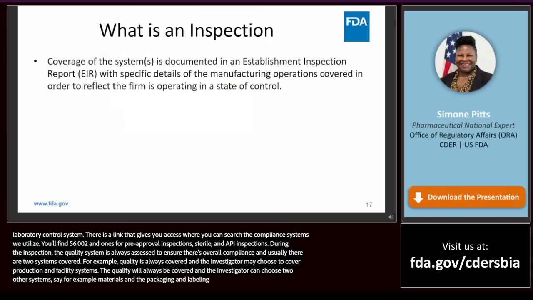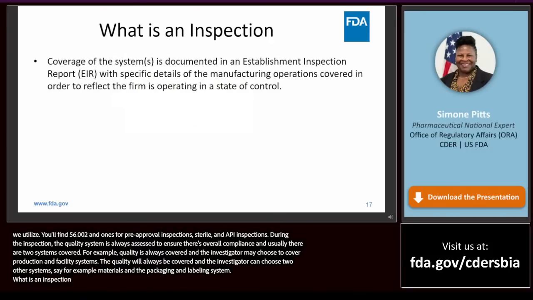What is an inspection? A little bit more. It's a coverage. Coverage of these systems is documented in an EIR. You may have heard it referred to as an establishment inspection report.